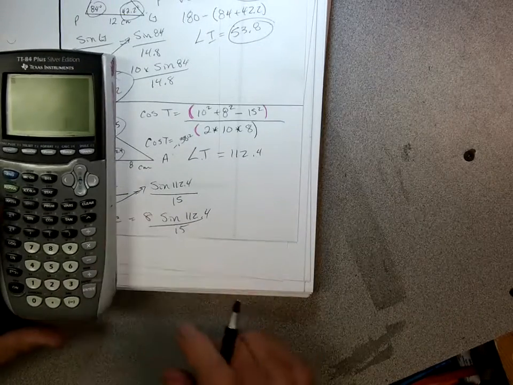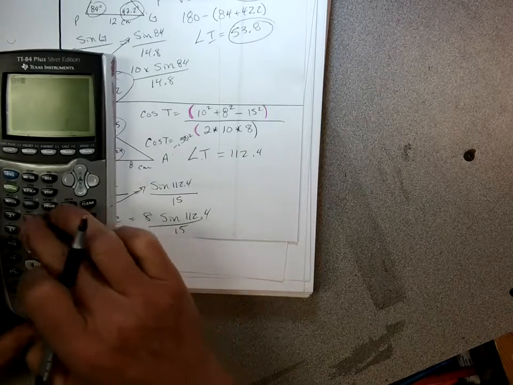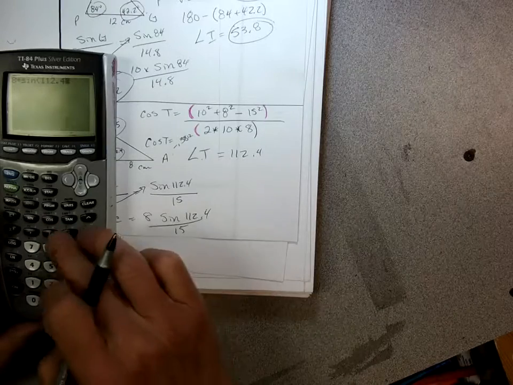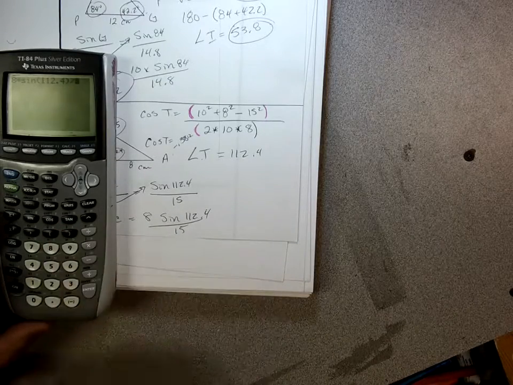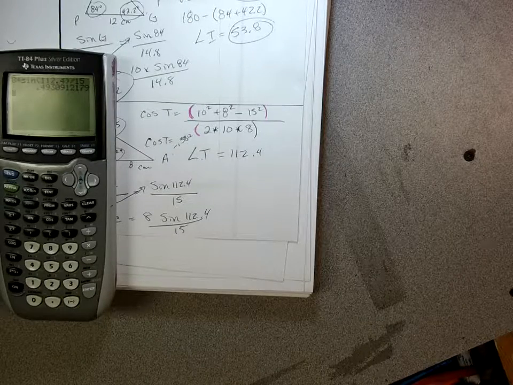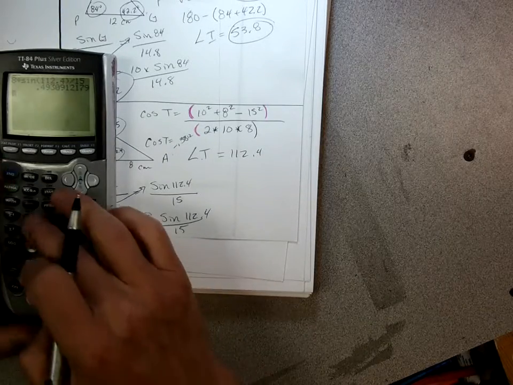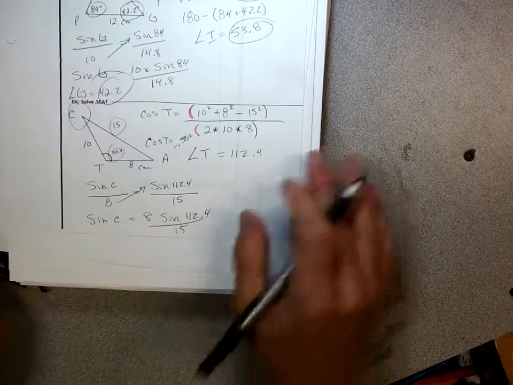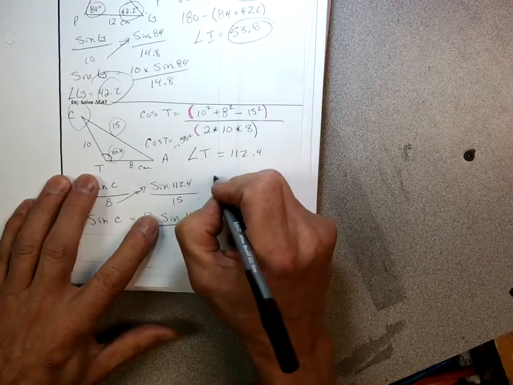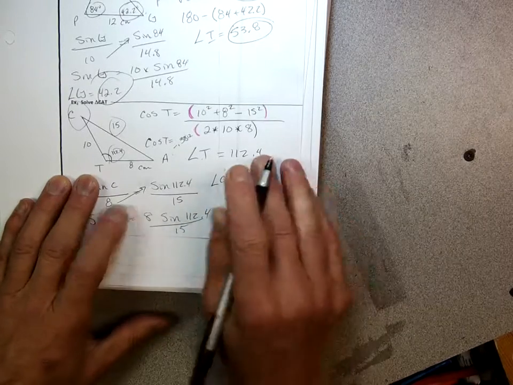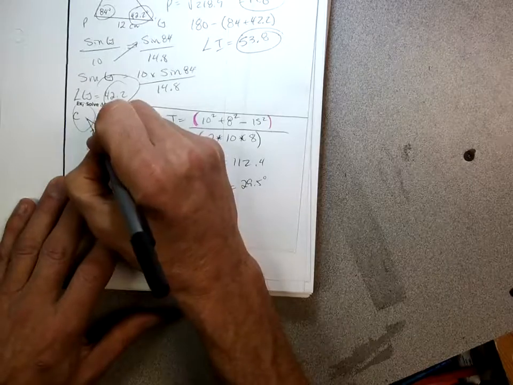I should get a decimal answer. 8 times the sine of 112.4, close your parentheses, divided by 15, and I get a decimal, right? Which I expected. And then what do I do to get the angle? Sine inverse of that answer, right? And so I get about 29.5 degrees. So angle C is about 29.5 degrees. Okay, so I can put that in.